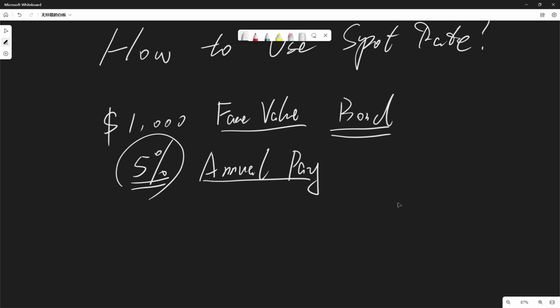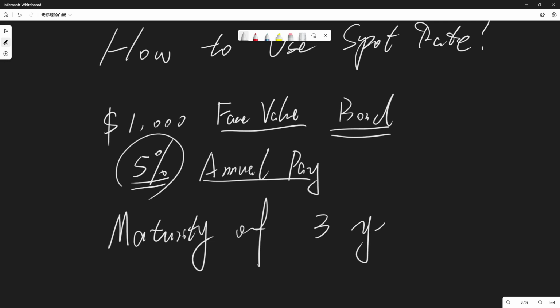Alright? So once you got that, and say that the bond is issued and will last for, I don't know, maybe 3 years. So maturity of 3 years. Once you got those 3 bullet points of information, you can do the calculation.